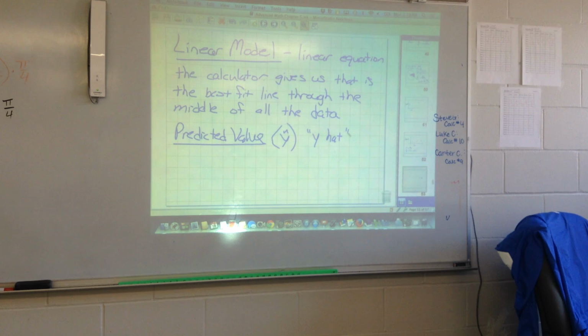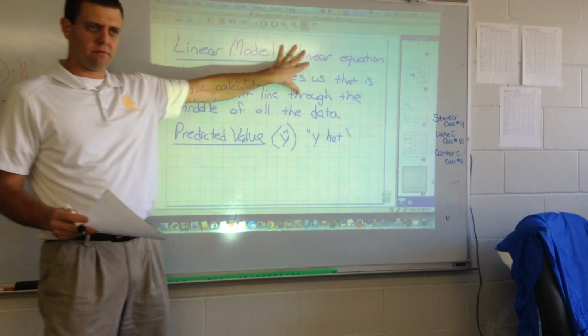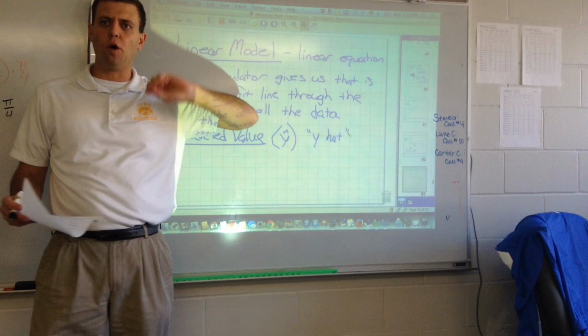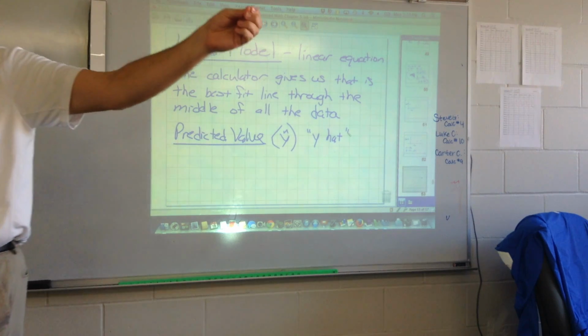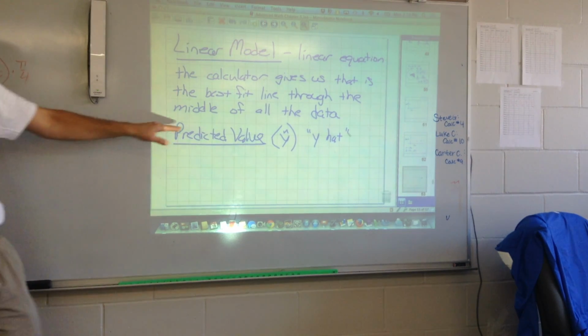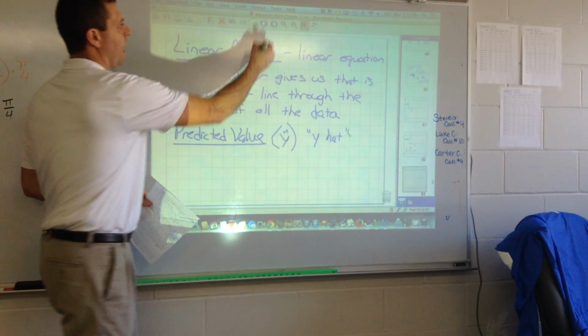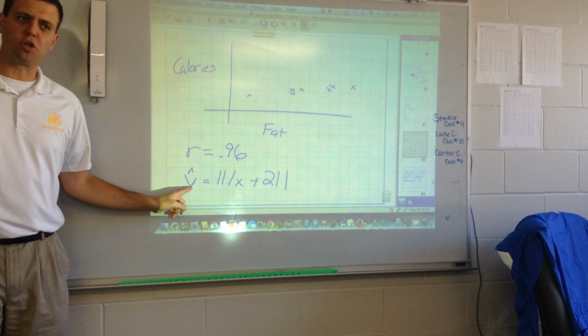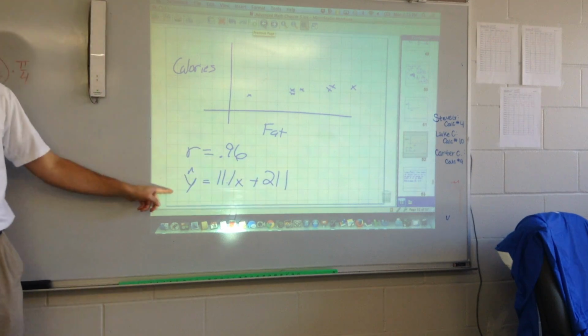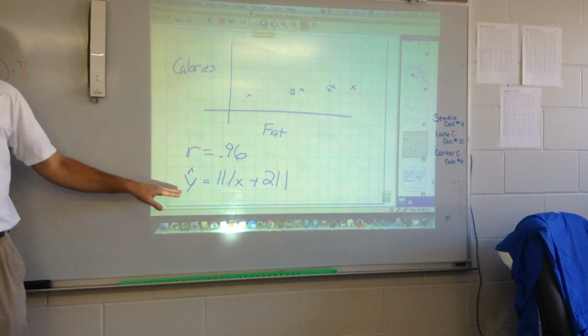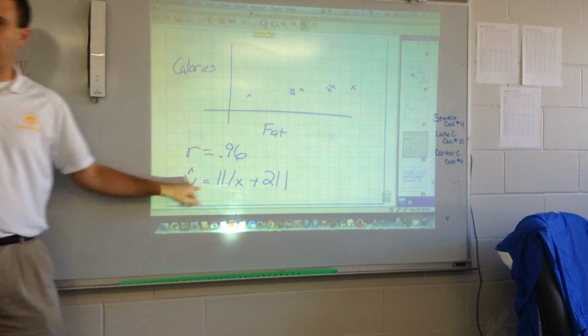Anytime you use a linear model to help you make a prediction, you are finding y hat. That is why back here, when I wrote this equation, I used y hat, because this was our linear model.